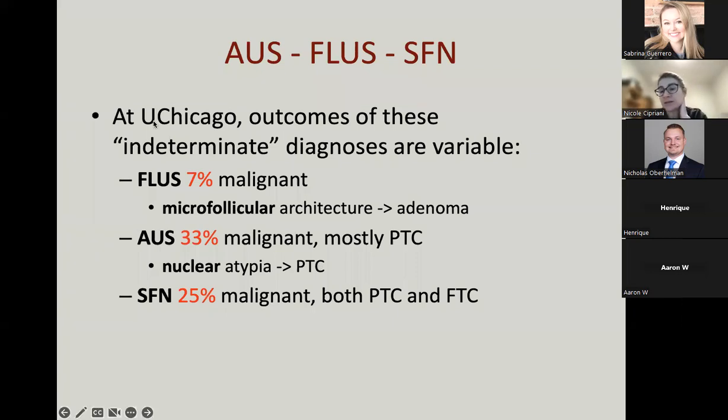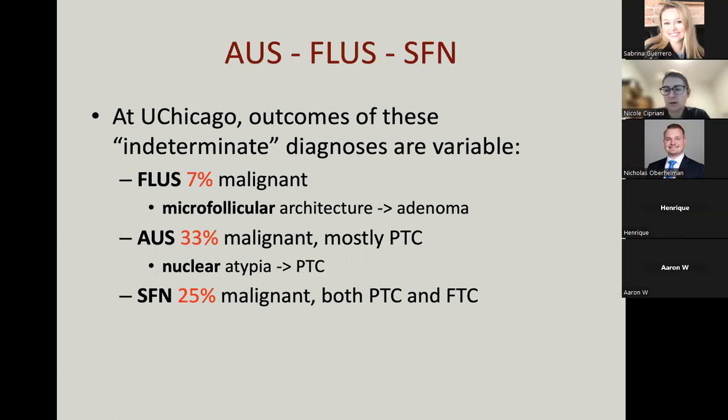But just as a kind of correlate between the atypia of undetermined significance, the follicular lesion of undetermined significance, and the suspicious for follicular neoplasm groups, our institutional rates of malignancy following these diagnoses are listed here. So FLUS, or follicular lesion of undetermined significance, has really low rates of malignancy.